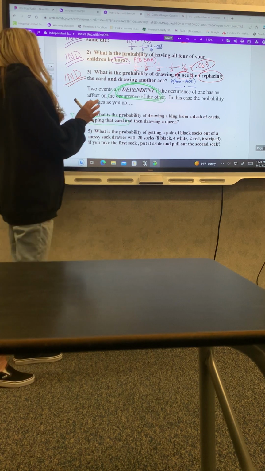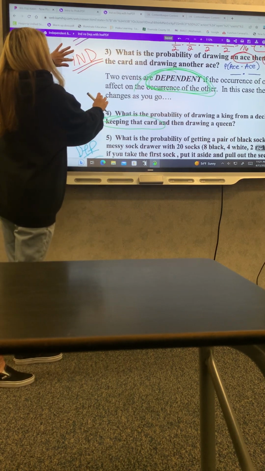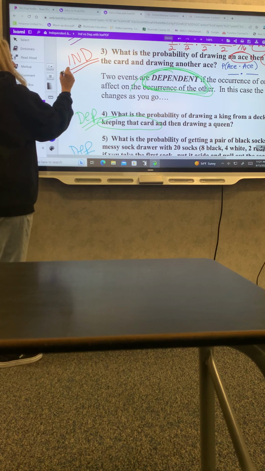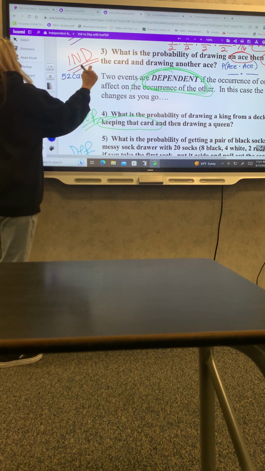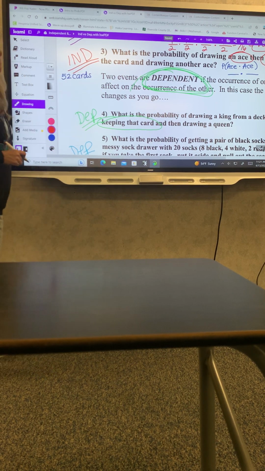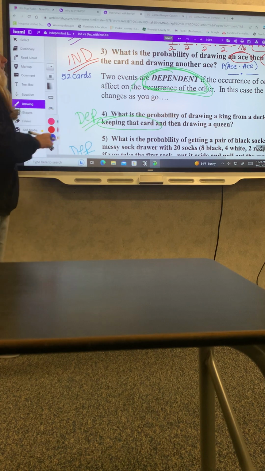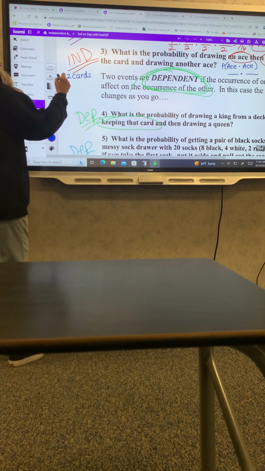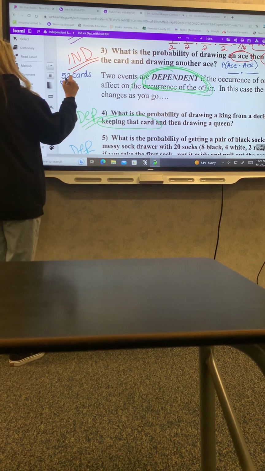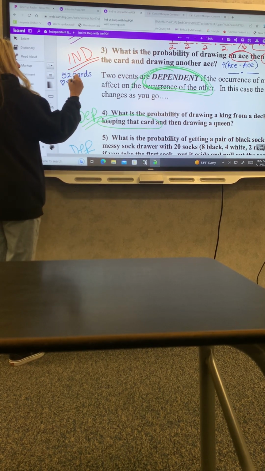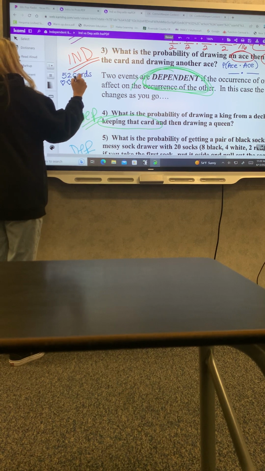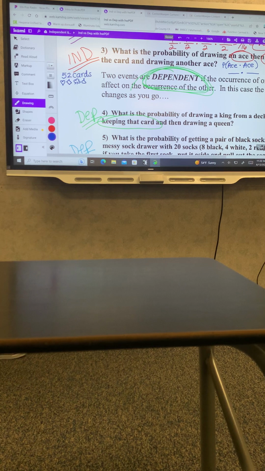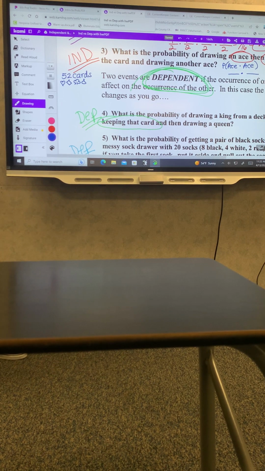So in a deck of cards, there's 52 cards. Some of you already know all this, that's fine. In that deck of 52 cards, there's 4 suits. There's the red hearts, the red diamonds, the clubs and the spades.